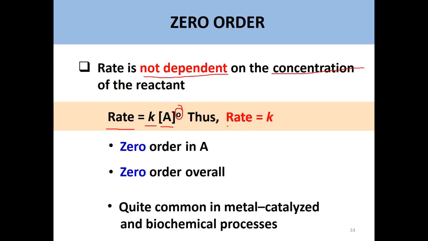That means we have rate equal to K, because the concentration A to the power of 0 is equal to 1, and 1 multiplied with K is K. So that means zero order in A, zero order overall. This reaction is quite common in metal catalysis or biochemical processes.